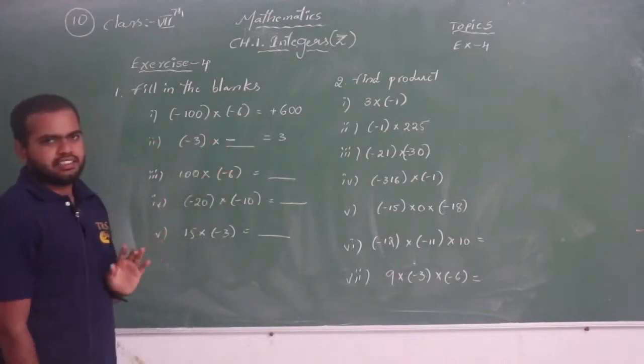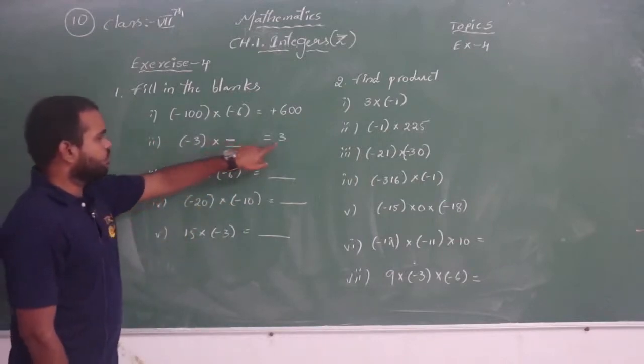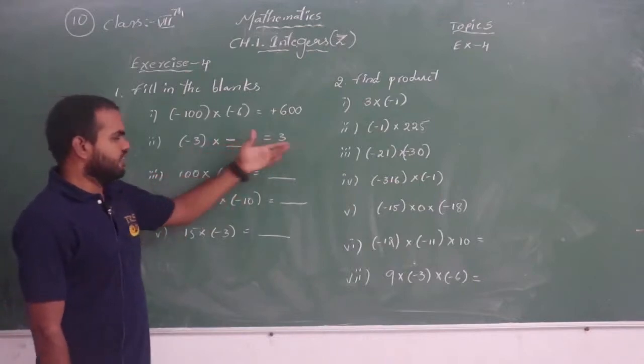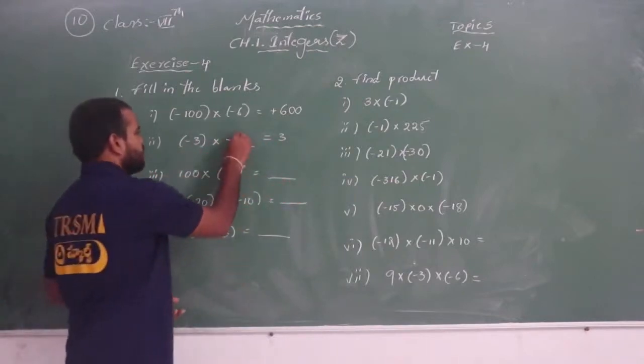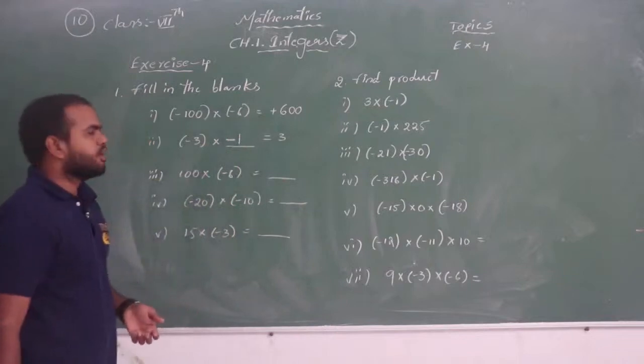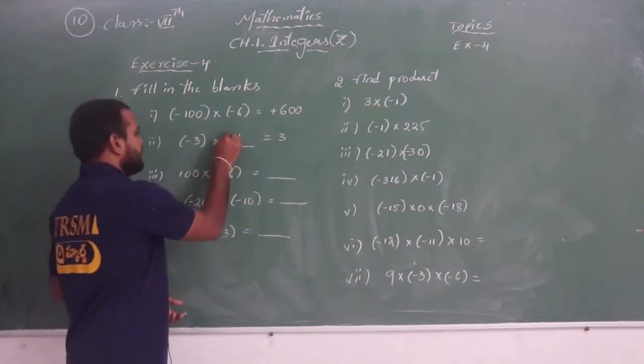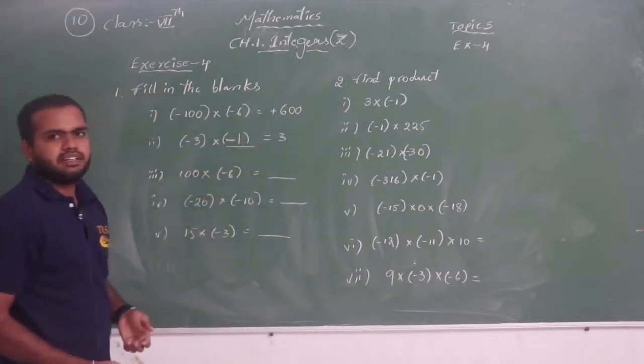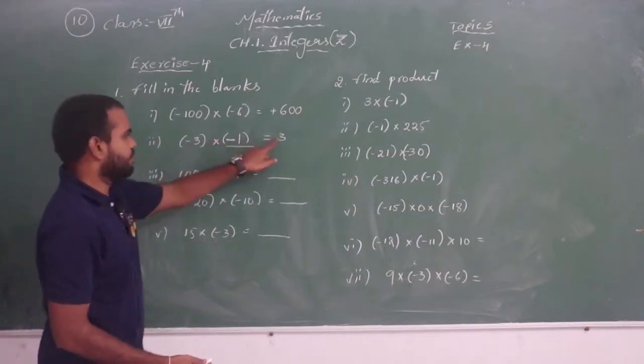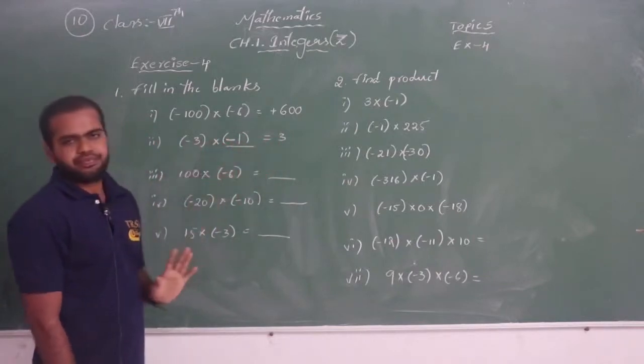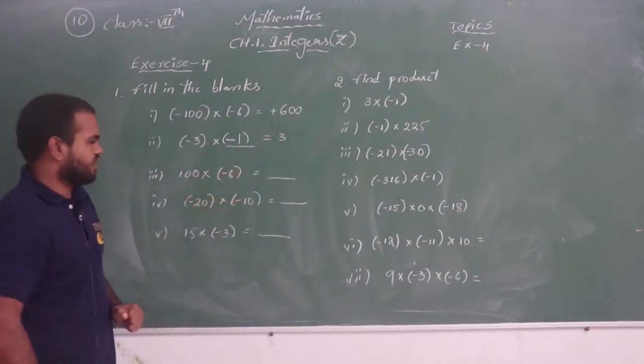So it is minus. In the 3 table, 3 ones are 3. So the answer is minus 1. Minus 3 into minus 1 is nothing but plus 3, or just 3 you can say, right?